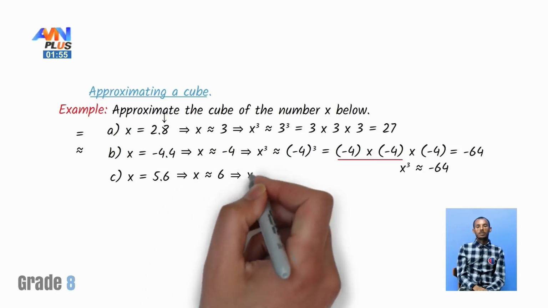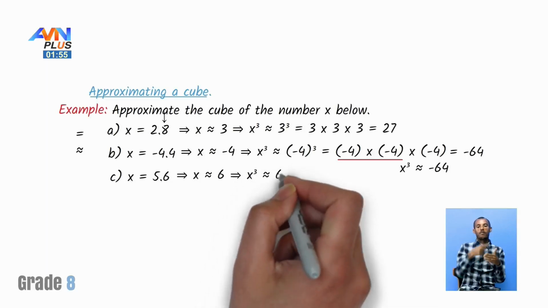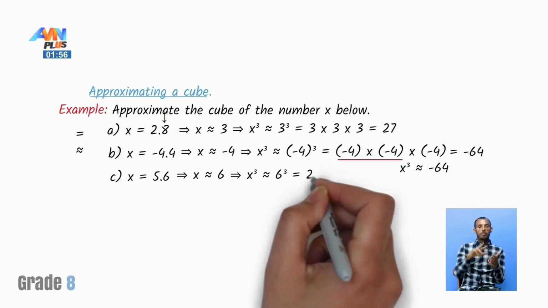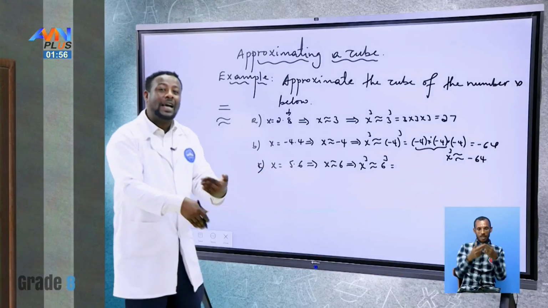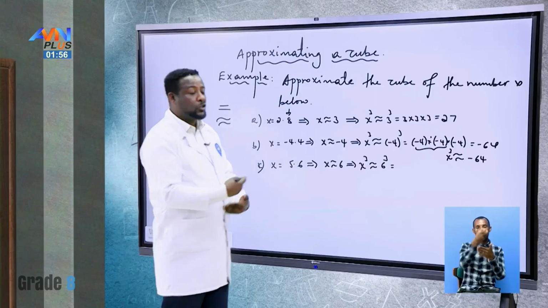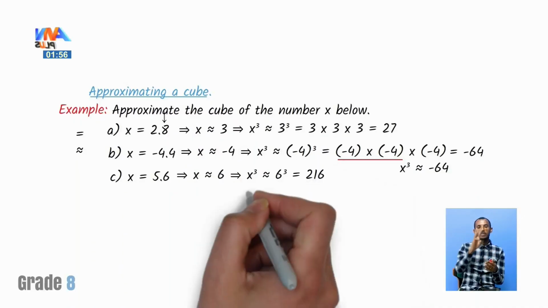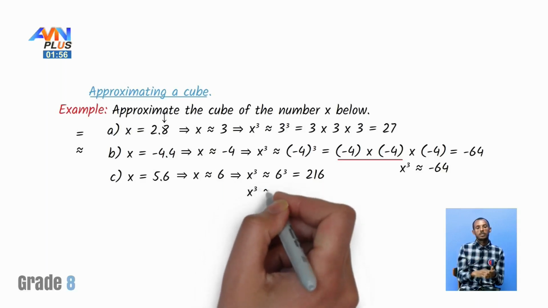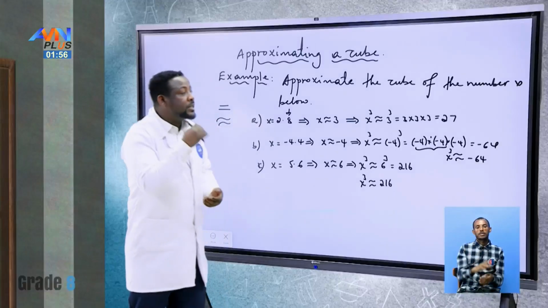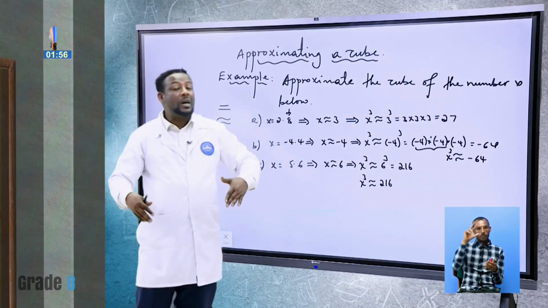So the cube of this value is approximately 6 cube. 6 cube means 6 times 6 times 6. As you can check, the result becomes 216. So x cube is approximated to 216. This is how we approximate the cube of a certain rational number.